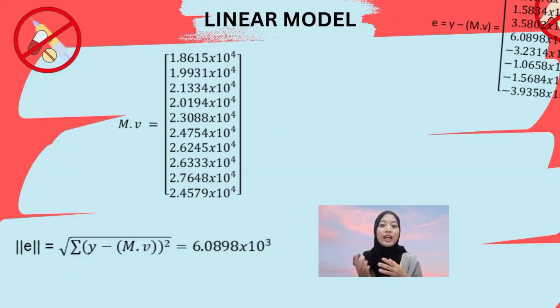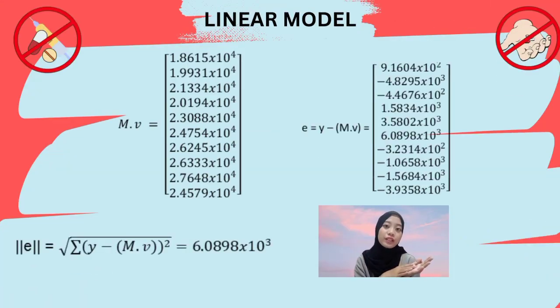After we find the value of the v vector, which are a and b, we multiply m with the vector v to get this value. After that, we find the error vector using the formula E equals y minus m multiplied by v. Then we find the error magnitude using this formula.